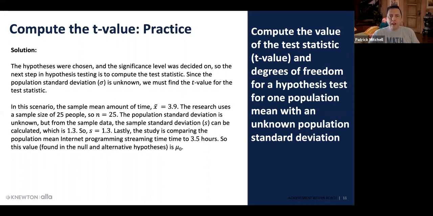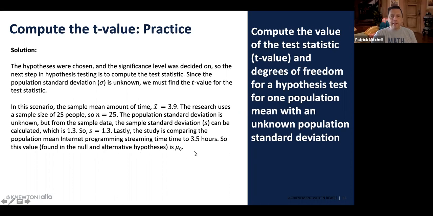The population standard deviation is unknown, but from the sample data, the sample standard deviation can be calculated, and that came out to 1.3. So S is 1.3. And lastly, the study is comparing the population mean internet programming streaming time to 3.5 hours. So this value found in the null and alternative hypotheses is mu sub 0.